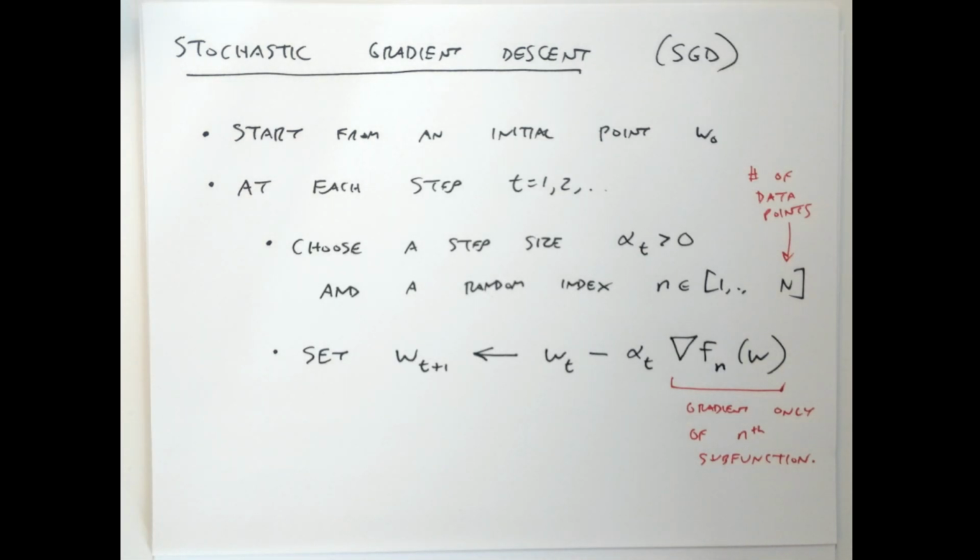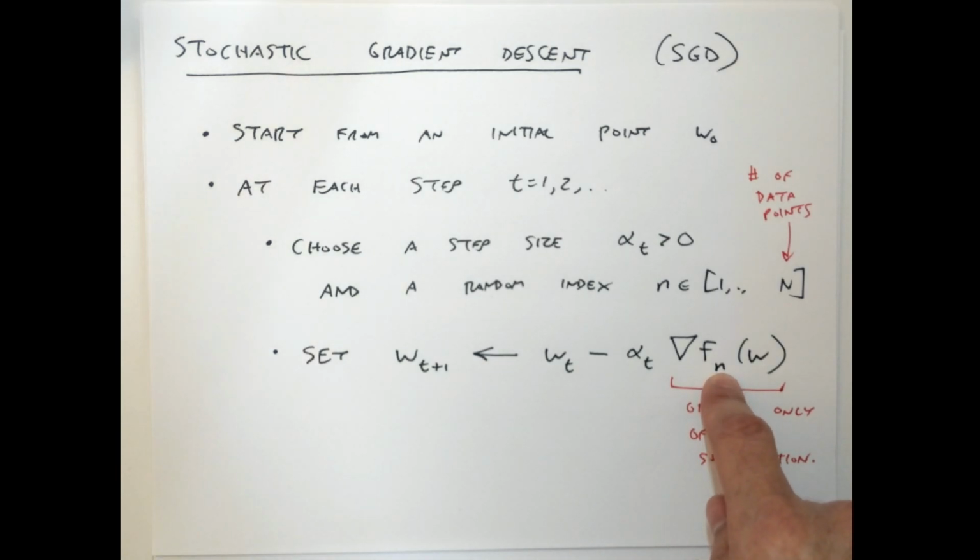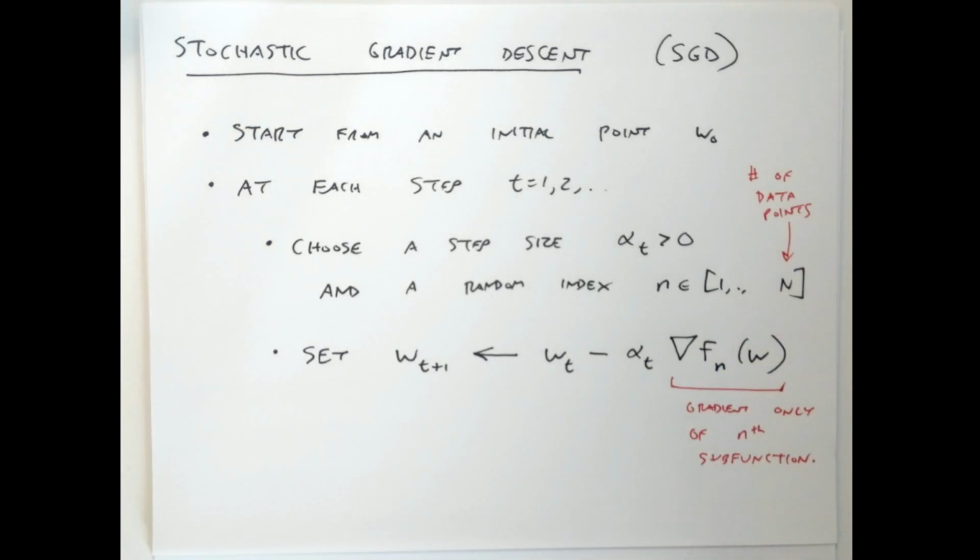So this is not as, what's the right word, not as provable that life is going to be good as with regular gradient descent. With regular gradient descent, you have guarantees, right? But it's definitely not true that if the gradient at one of these subfunctions is 0, that the gradient of the whole function is 0, right? So there's no guarantee that if I hit 0 here, that I've minimized the entire function, right?